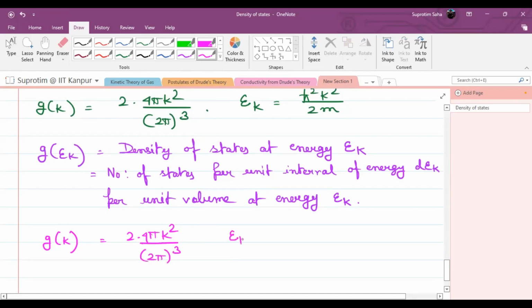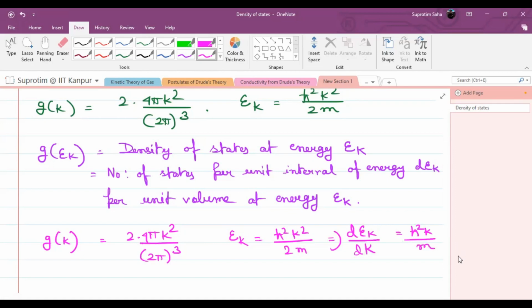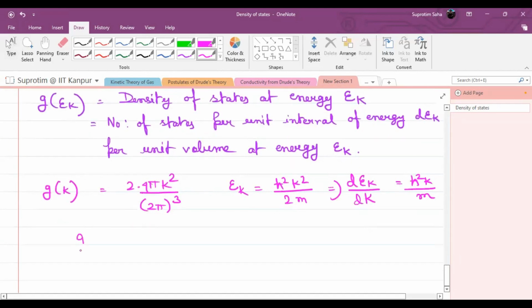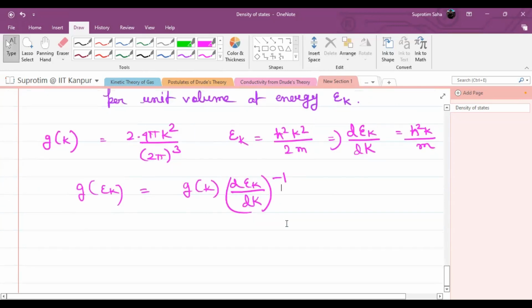And epsilon k is h-bar squared k squared over 2m, which implies d epsilon k over dk is h-bar squared k over m. So if you have to write g of epsilon k, which I already told you is g of k, no matter what you work with, times dk over d epsilon k, now let's put the values here: 2 times 4 pi k squared by (2 pi) whole cubed, right?